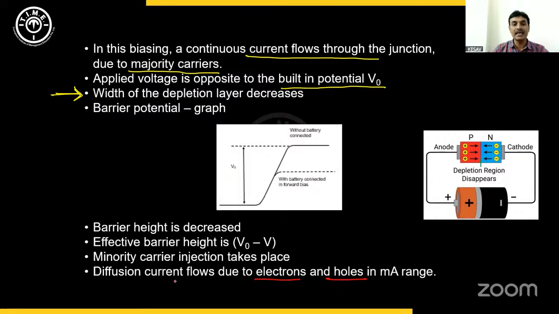But the current due to these two in forward bias mode is in the range of milliamperes. A few milliamperes of current will pass through the diode and the circuit.